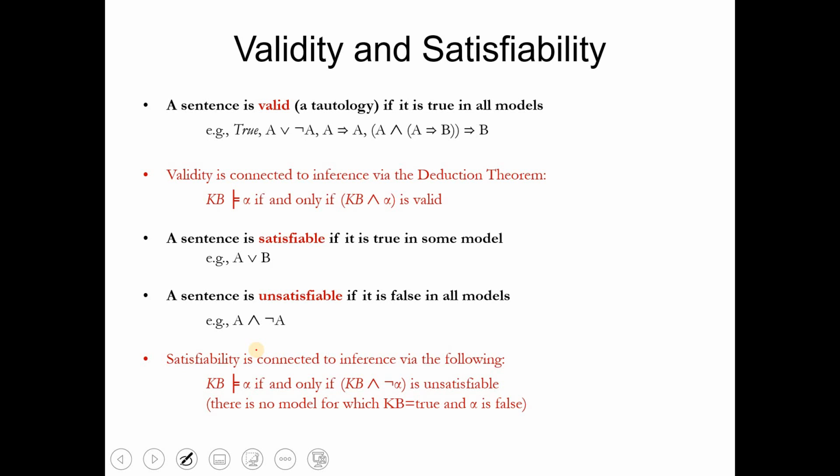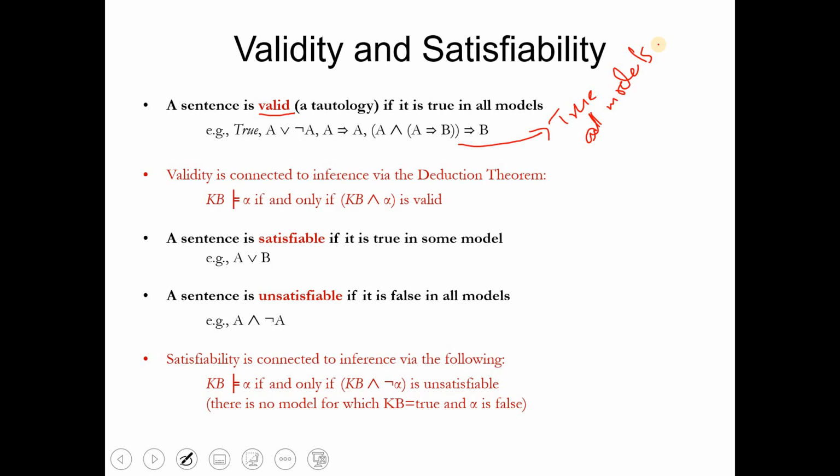Remember, when we are discussing sentences, there are 3 types of sentences. A sentence can be valid. Valid means that it is true in all the models, true always. So a sentence is valid if it is true in all the models.